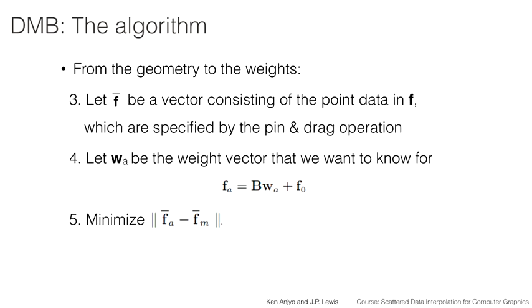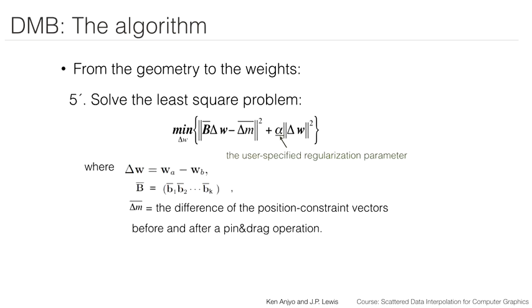To make this minimization, this is actually pretty under-constrained, because a pin and drag operation typically deals with only a few face vertices. So as JP already mentioned in his talk, we need to introduce the regularization parameter to solve the following least square problem that is shown here. The first term in the minimization describes the difference between the actual face position and the original one.